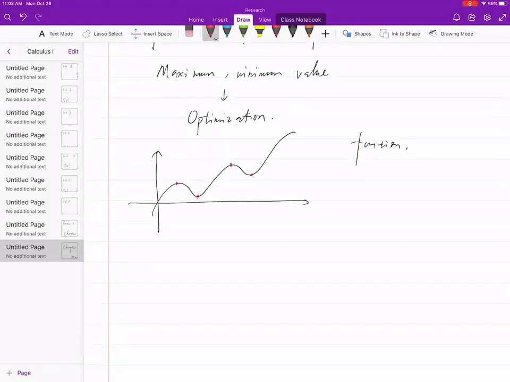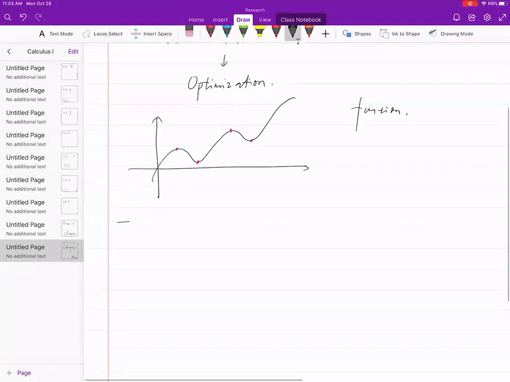For an easy function, we can draw it. For a harder function, we probably have to use everything we know about derivatives, because the minimum and the maximum share the same thing: your tangent line is horizontal there. So if you know the derivative, you will be able to find where they are, more or less.